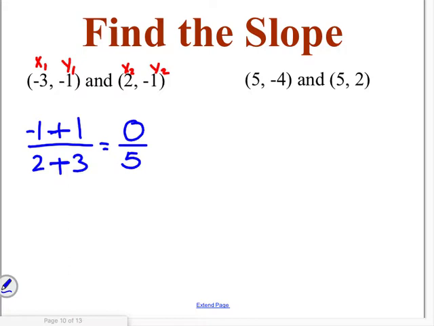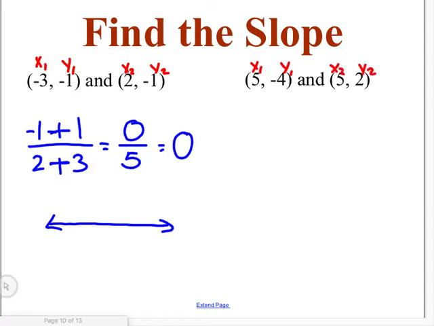Reducing that, if I have 0 things and I'm splitting them among 5 people, we end up with 0. So this would be the slope of 0, or that horizontal case from the pictures of the graphs that I showed you.